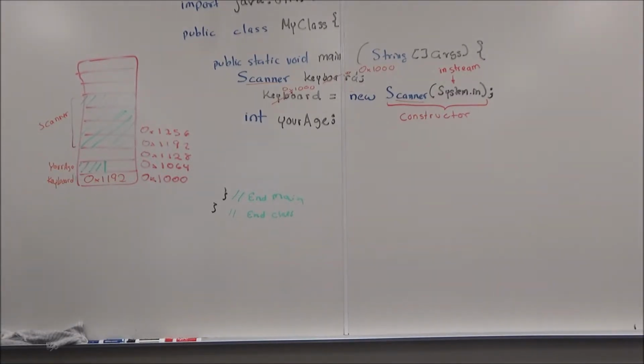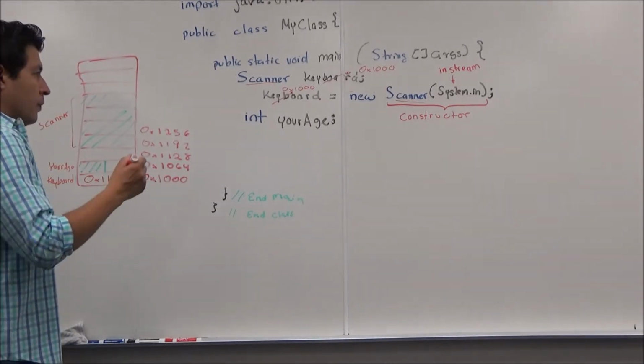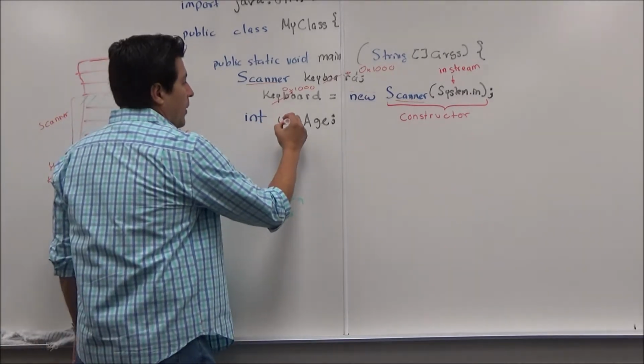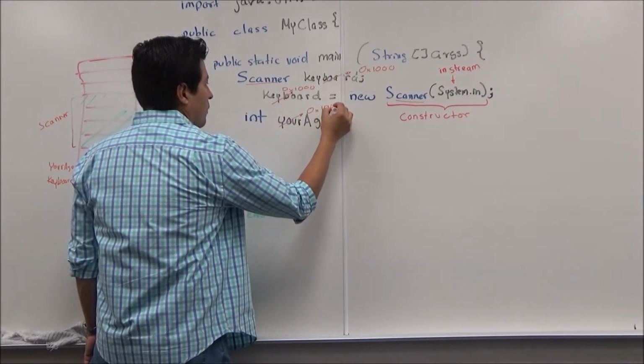The other 32 are pretty much wasted. There's a way not to waste it, and I'll show you later how to. So what the computer is going to do is replace this with the address 1064.